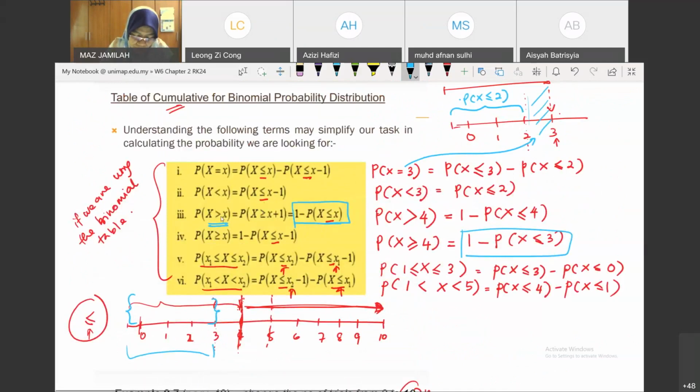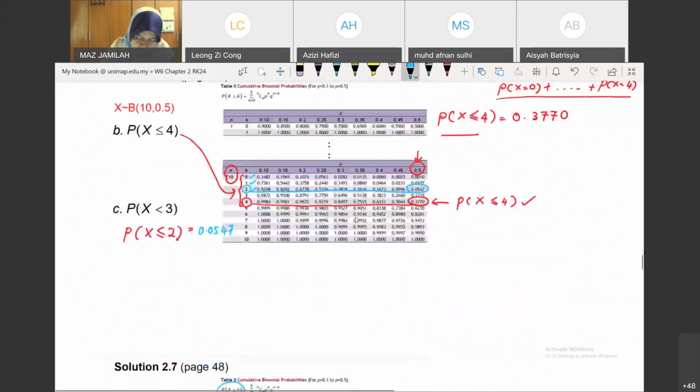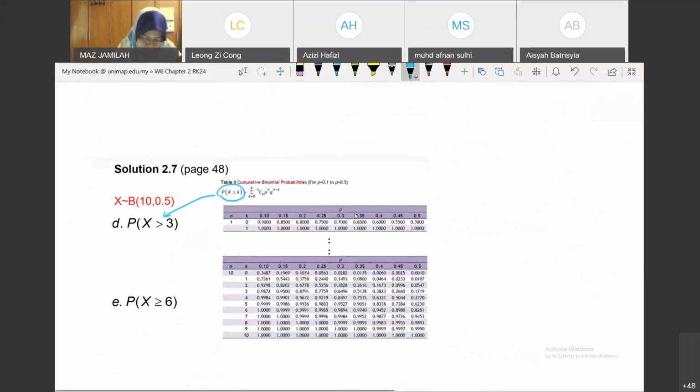Greater than 3 means 1 minus P(X ≤ 3). So look for 10 trials, 0.5 success, and you are referring to 3.